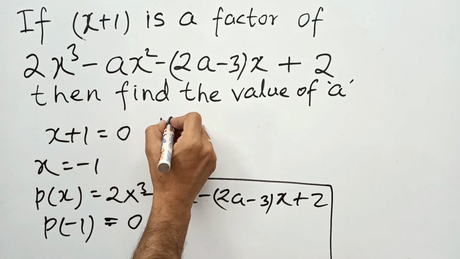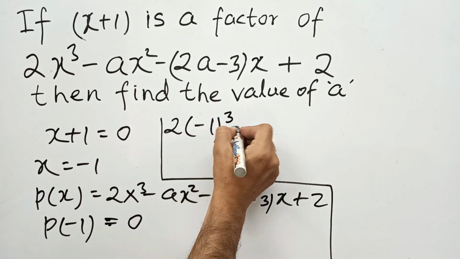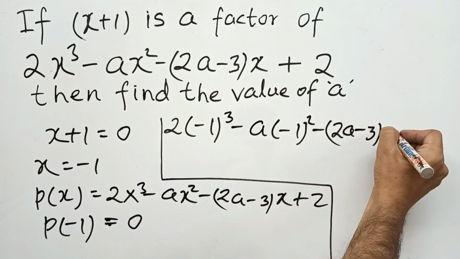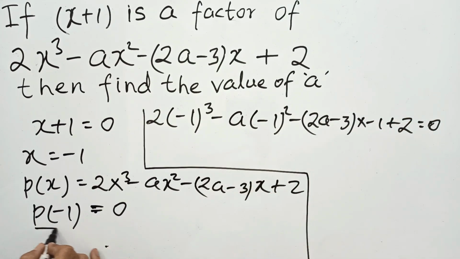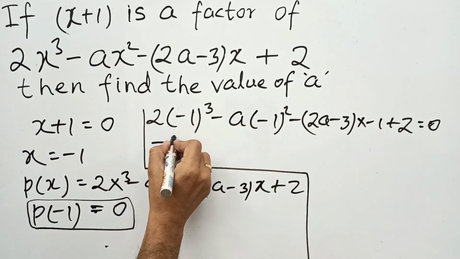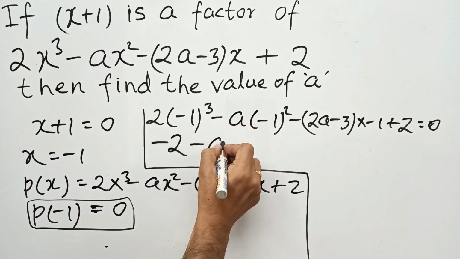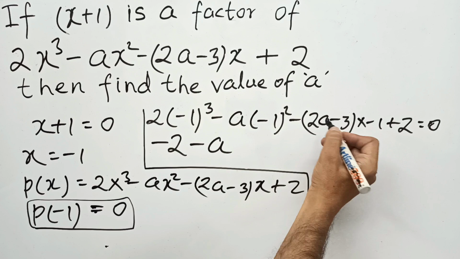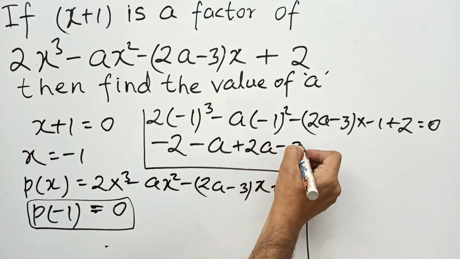P(minus 1) means instead of the x, we will put here minus 1, is equal to 0, because p(minus 1) is 0 means the whole expression should be 0. Now this minus minus plus, again minus, so it is minus a, and this minus into minus plus, so directly we can write plus 2a minus 3.